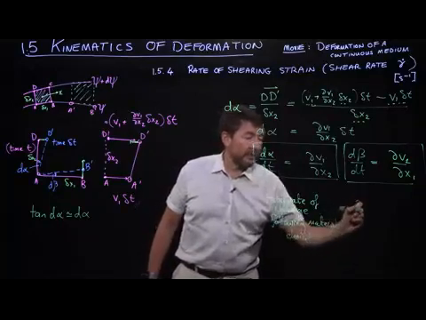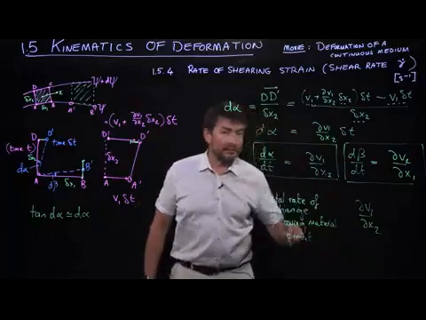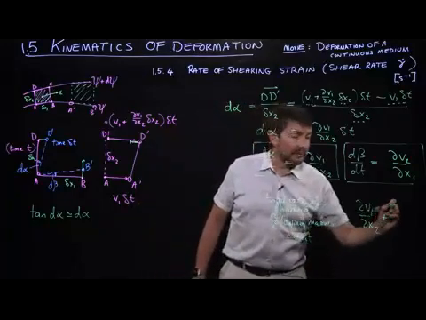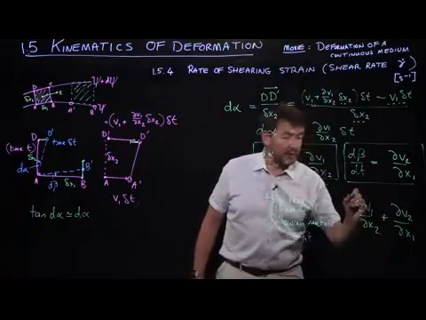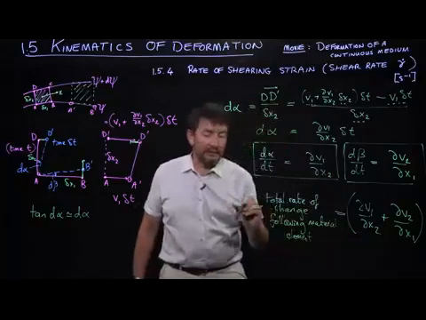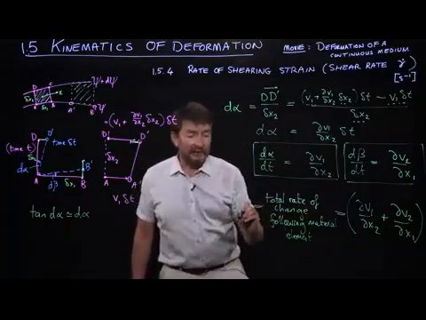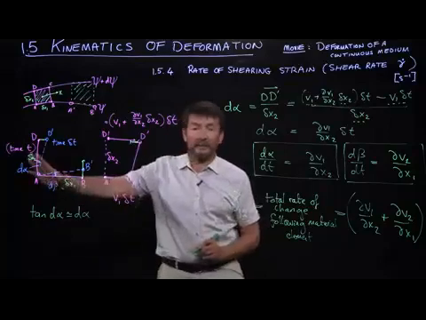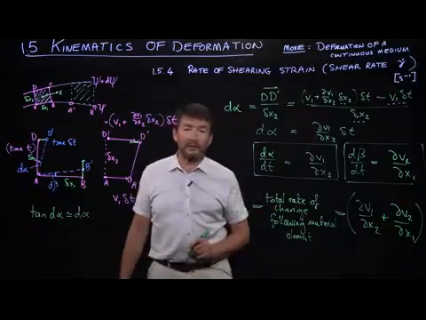And so they might express that as dv1 by dx2 plus dv2 by dx1. And that they would typically write as gamma dot. And then since we're interested in elements in the 1-2 plane, we'll recognize that that is gamma dot 1-2.